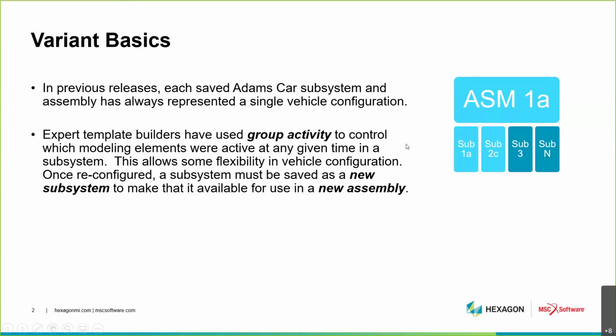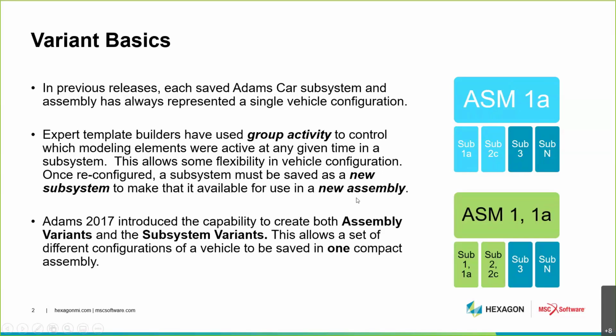However, once that subsystem is reconfigured, if you wanted to save that specific configuration, you would have to create a new subsystem instance and then create a new assembly using that subsystem instance. And as a result, each assembly, as it's saved and reopened, represents, again, just a single configuration. And if you want to use different configurations, you have to switch around the group activity, or possibly replace an entire subsystem with a new subsystem if the template is different.